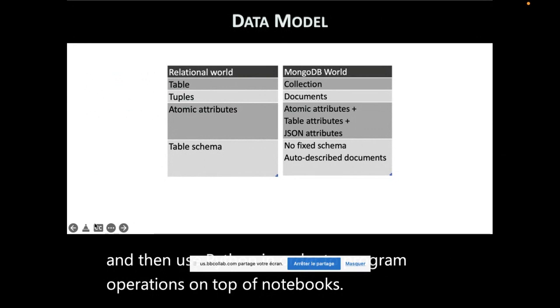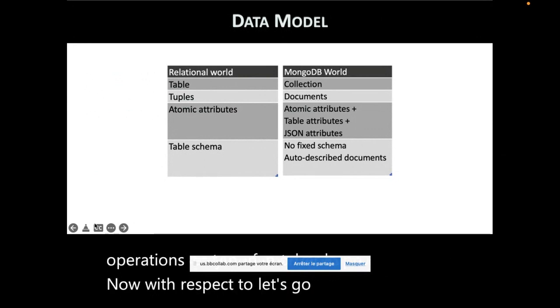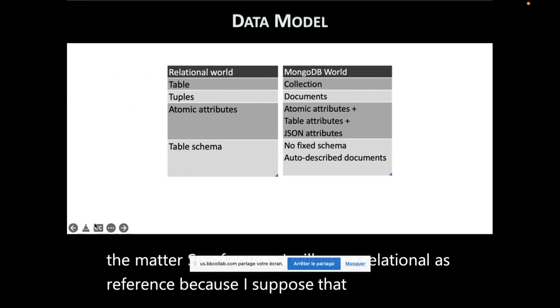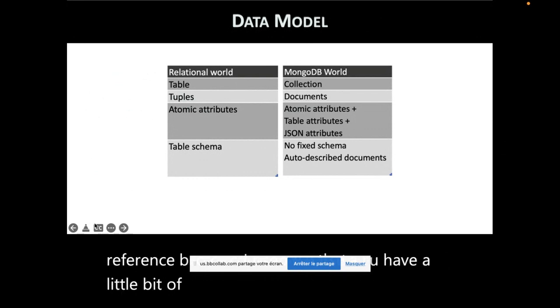Now, let's zoom into the matter. Of course, I will use the relational model as reference because I suppose that you have a little bit of expertise on it. So, in the relational world, the unit of the data model is the relation, made of tuples. In MongoDB, we are going to deal with collections of documents.